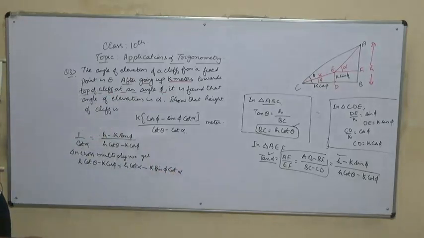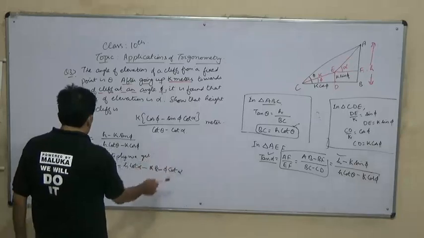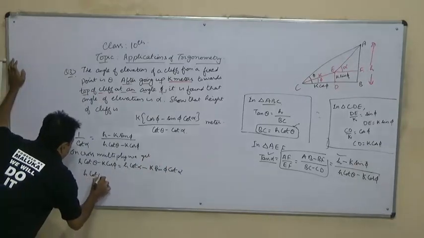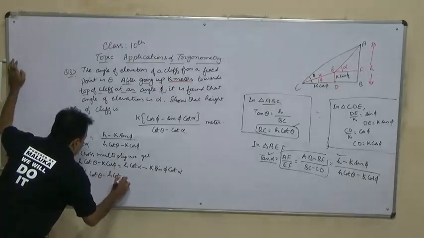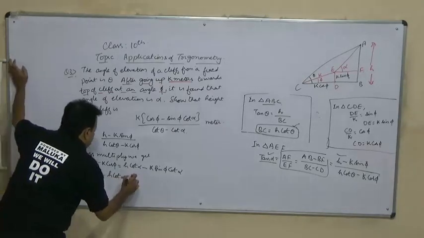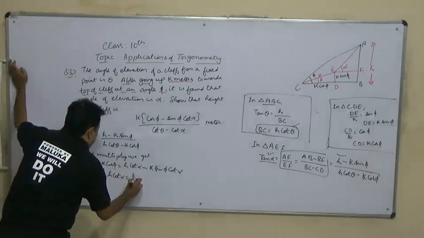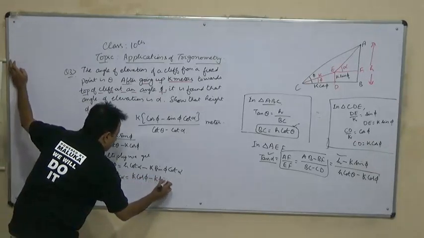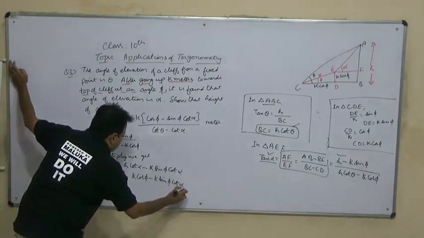Now we need cot theta minus cot alpha, so take this to this position: H cot theta minus H cot alpha is equal to K cos phi minus K sin phi cot alpha.